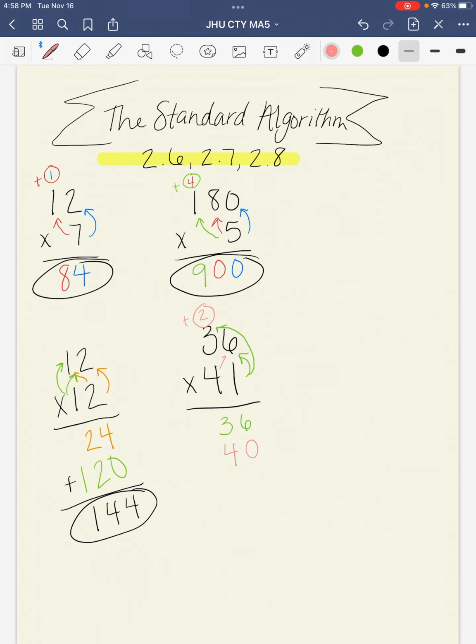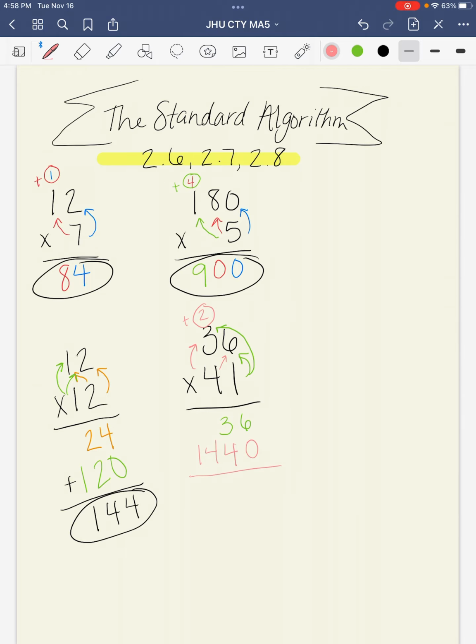So I did my 4 times 6 was 24, carry my 2. 4 times 3 is 12, and don't forget, I'm done multiplying on that top row now, so I have to add that too. So 4 times 3 is 12, plus 2 is 14. So I have to write both of those digits down here now.